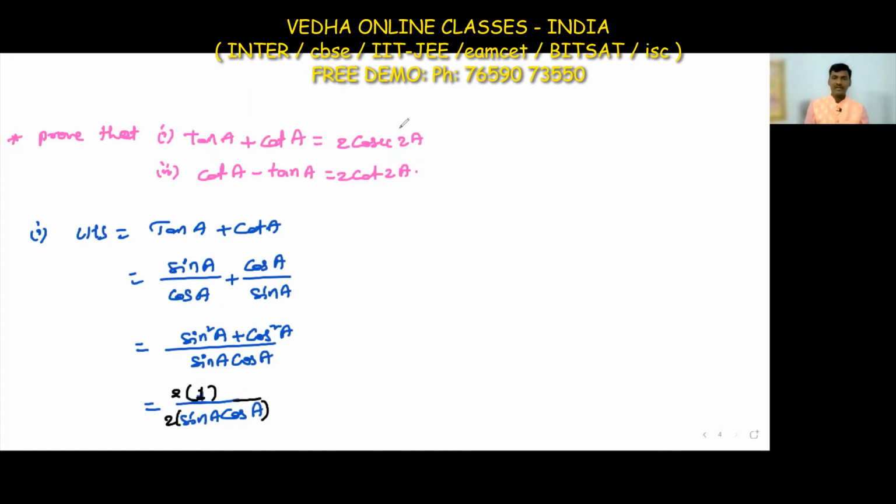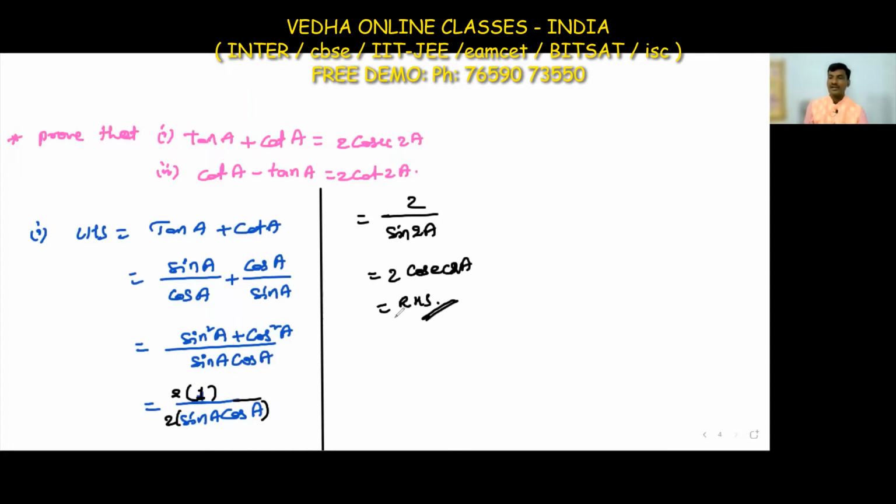So we get 2 divided by 2 sin A cos A, that is sin 2A. 2 into 1 by sin is cosecant, 1 by sin 2A is nothing but cosecant 2A, so 2 cosecant 2A, which is equal to the required RHS. We took the LHS and got the RHS.